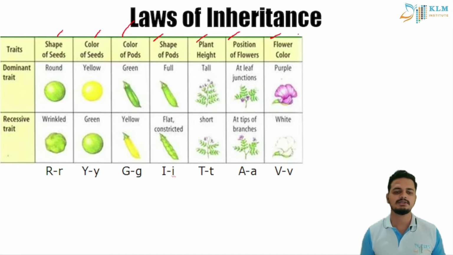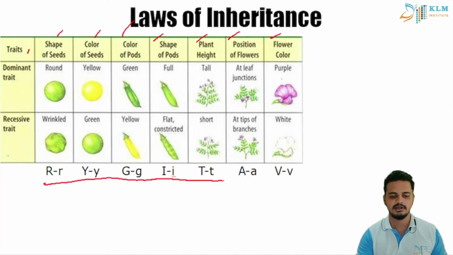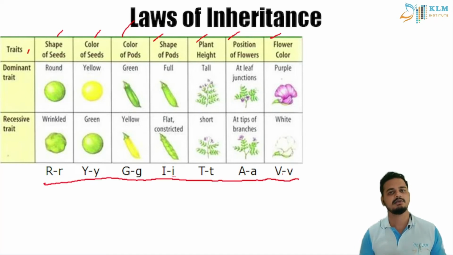So these were the 7 traits that were considered by Mendel. At least try to know the traits, and if you know how it is represented, as given here, it would be so much better to solve a genetic problem.